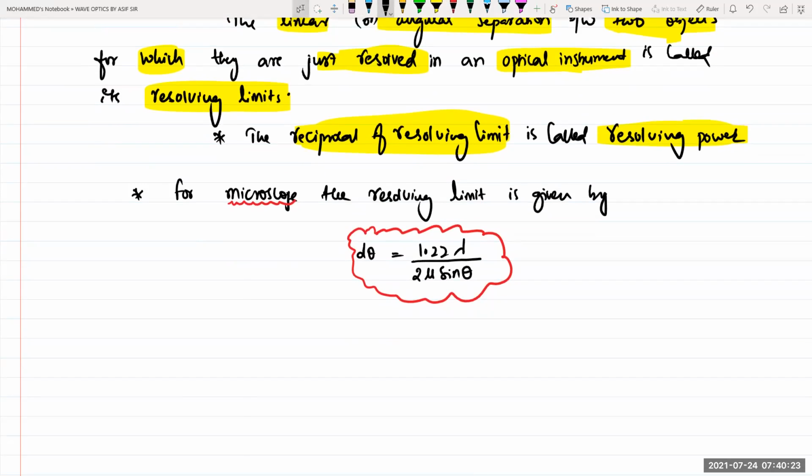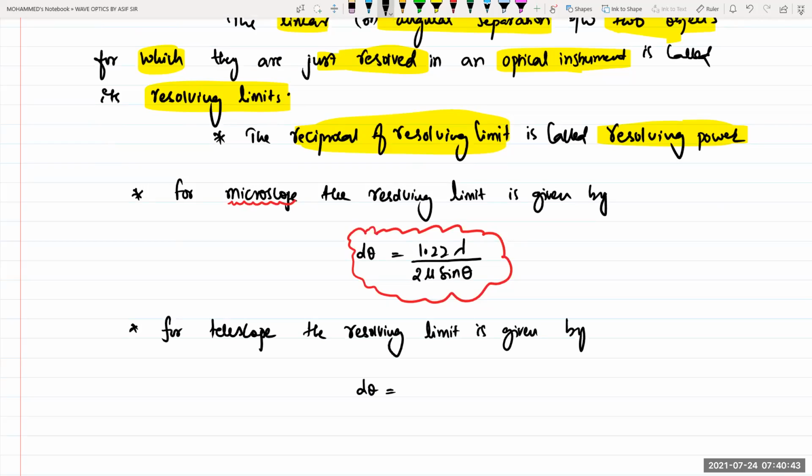For telescopes, the resolving limit is given by d theta is equal to 1.22 lambda divided by a. So that is your d theta.